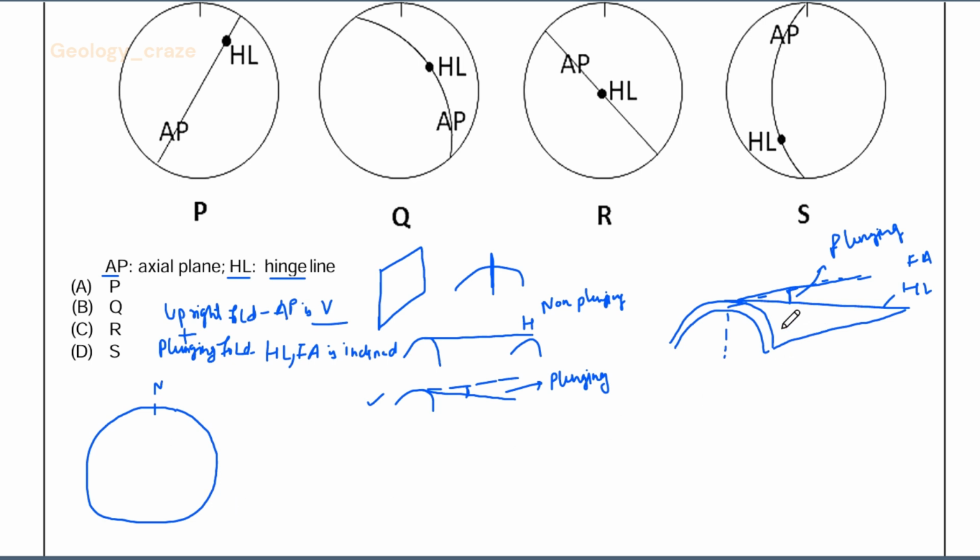Now we have to plot our data into this. This is our great circle. We call this a great circle. There are two types of curve on it.